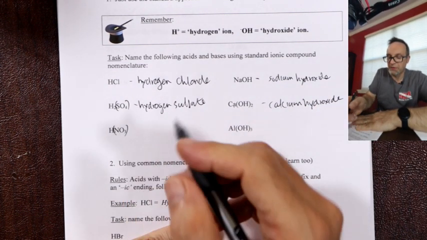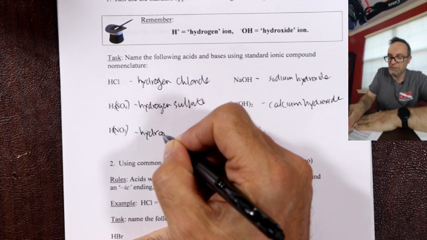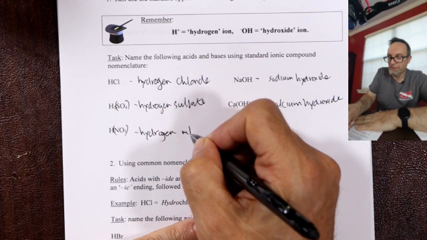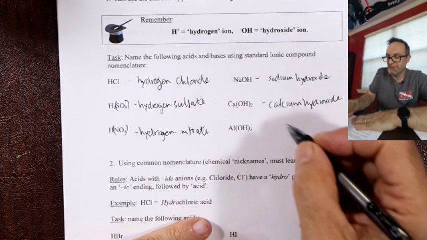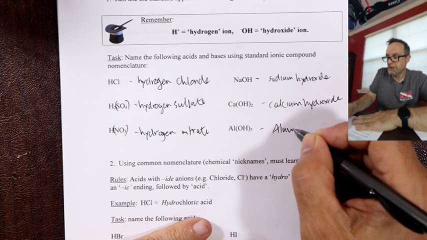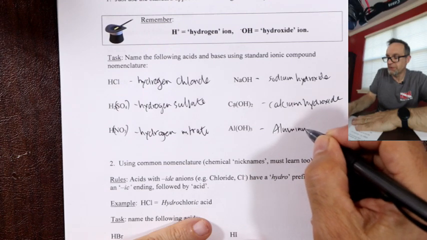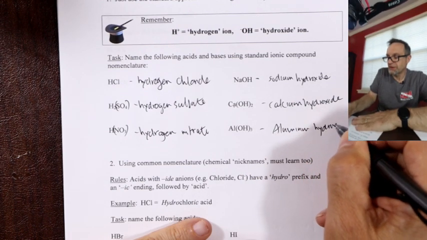H plus, NO3 minus. Nitrate on the back. Hydrogen nitrate. Finally, aluminum hydroxide, OH minus, Al plus 3, aluminum hydroxide.